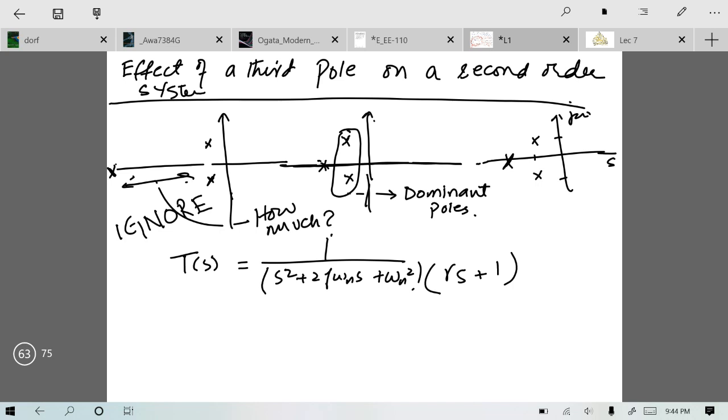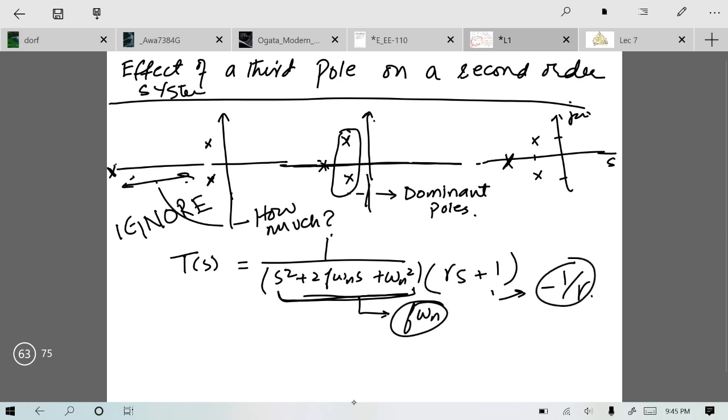So the root for this is minus 1 over gamma, and for this, we will only discuss the real part, which is zeta omega n. In this example, the real part of these complex poles is minus 1. Similarly, the real part of this expression is zeta omega n.